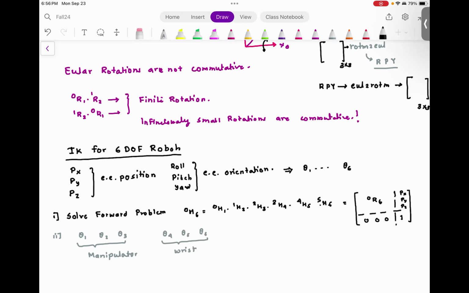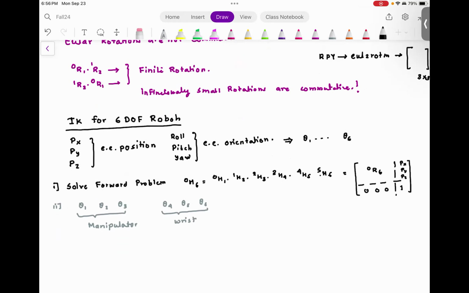Which means what you would say is extremely important. Theta 1, theta 2 and theta 3 are responsible for getting Px, Py and Pz, and theta 4, theta 5 and theta 6 are responsible to get 0R6. Are you with me?